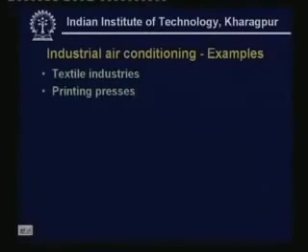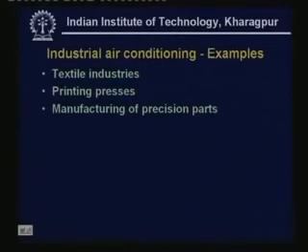If it doesn't dry, then there will be problems, and there will be mixing of the colors and all. So you have to again maintain certain humidity so that drying can take place within the required time. So all printing presses require very good air conditioning systems. And also the paper used is sensitive to the humidity. So you have to maintain humidity at certain levels so that you can prevent the curling of the paper, etc.